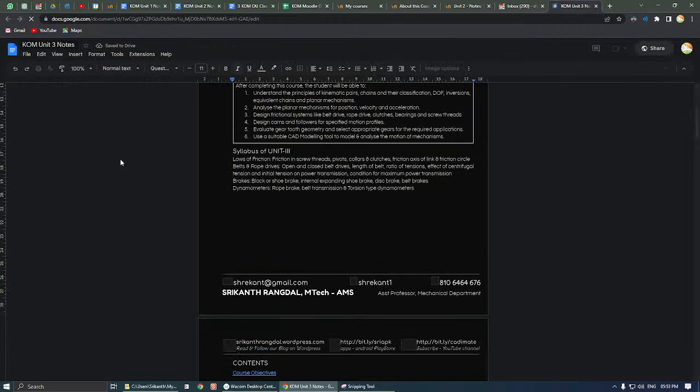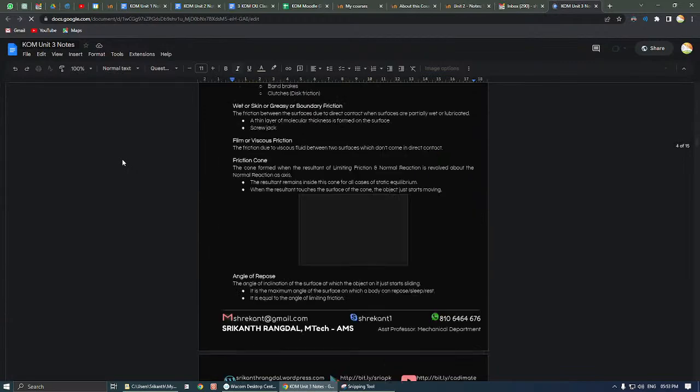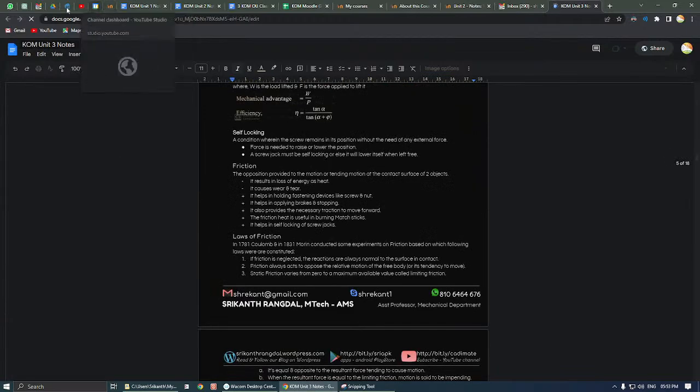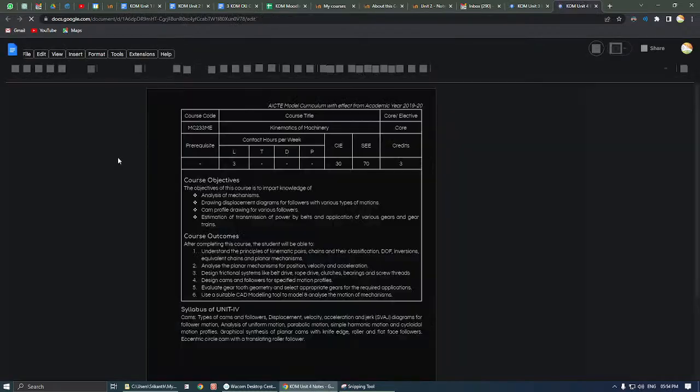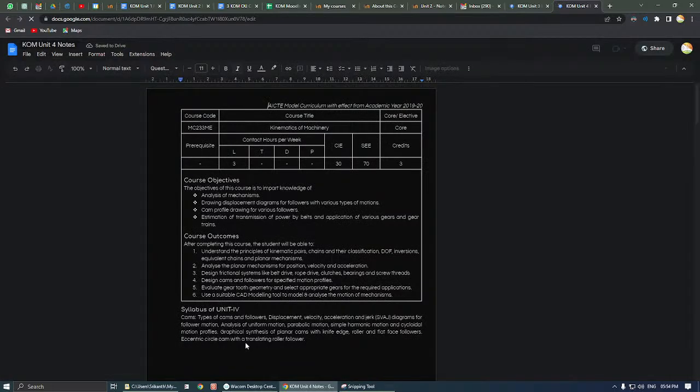Okay, so unit 3 was completely different. It was actually from dynamics of machines. It is supposed to be from dynamics of machines. And unit 4. Where did we have the straight line mechanisms? Yep, so it's cams and followers.